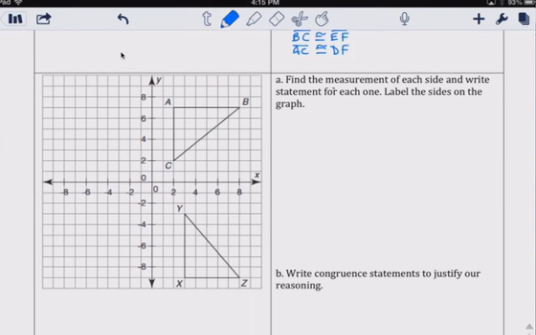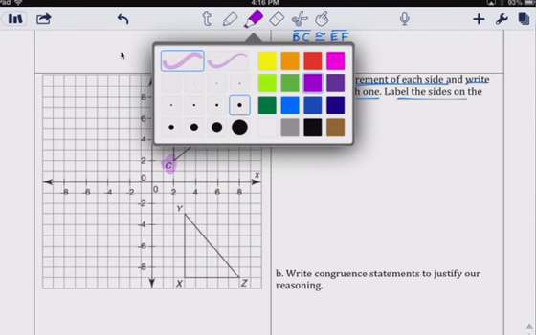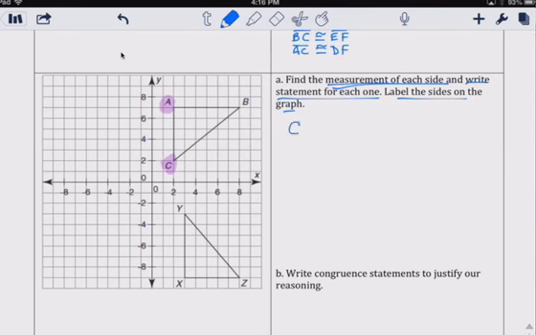Find a measurement of each side and write the statement for each. Label the side on the graph. Okay, so the measurement of each side. Let's see. CA is, or AC, doesn't matter. We'll do CA in this case.